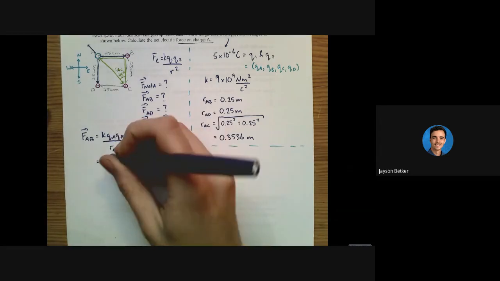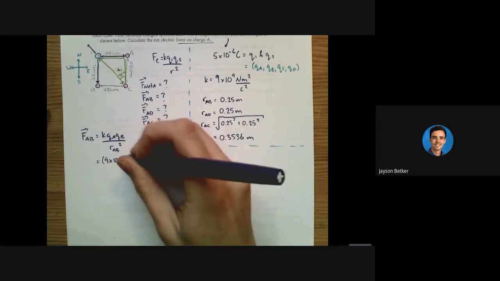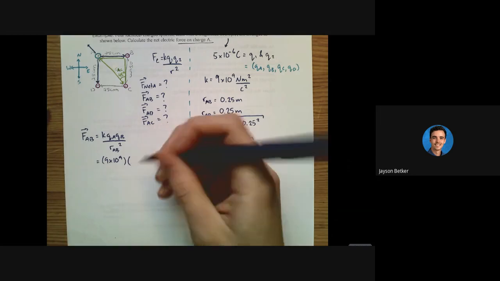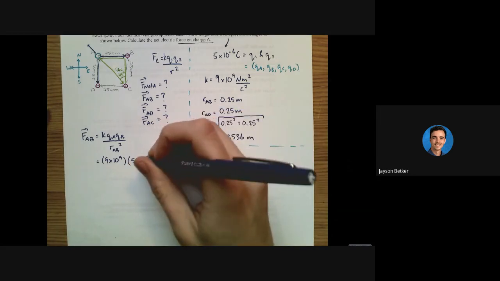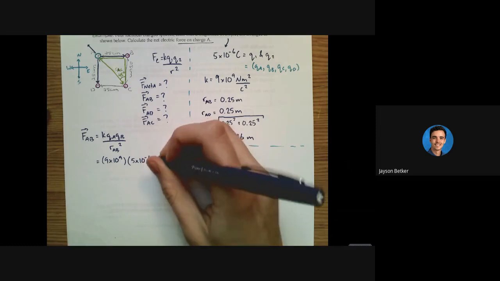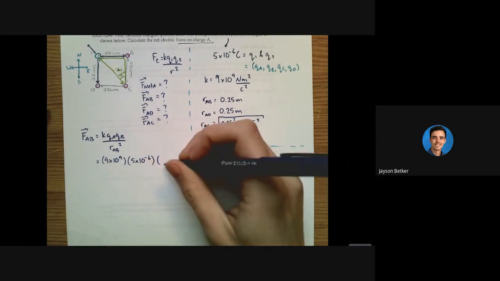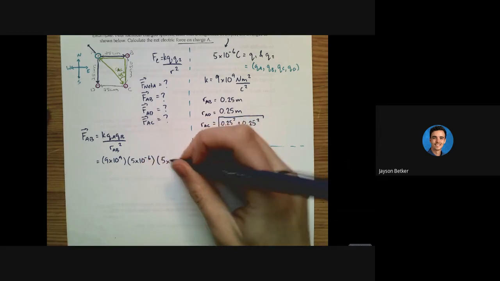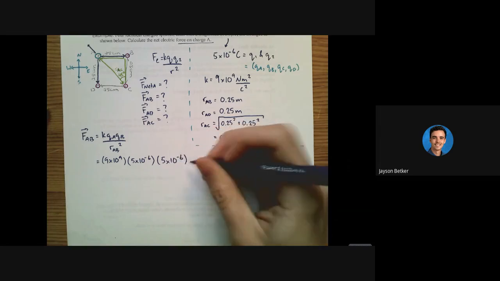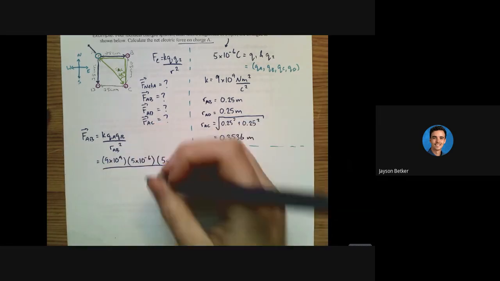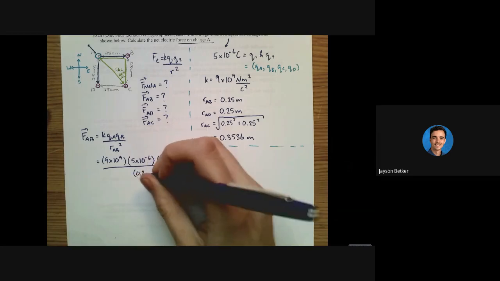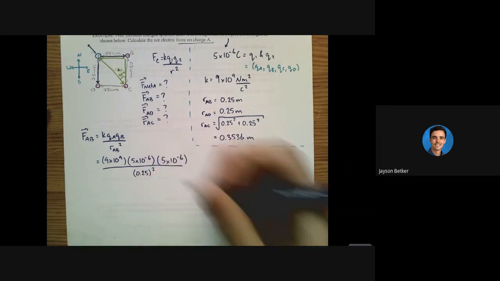K, which is 9 times 10 to the 9, times QA, which is 5 times 10 to the negative 6. My apologies, the negative 6. And then QB, which is also 5 times 10 to the negative 6, over the distance between them, which is 0.25 squared.